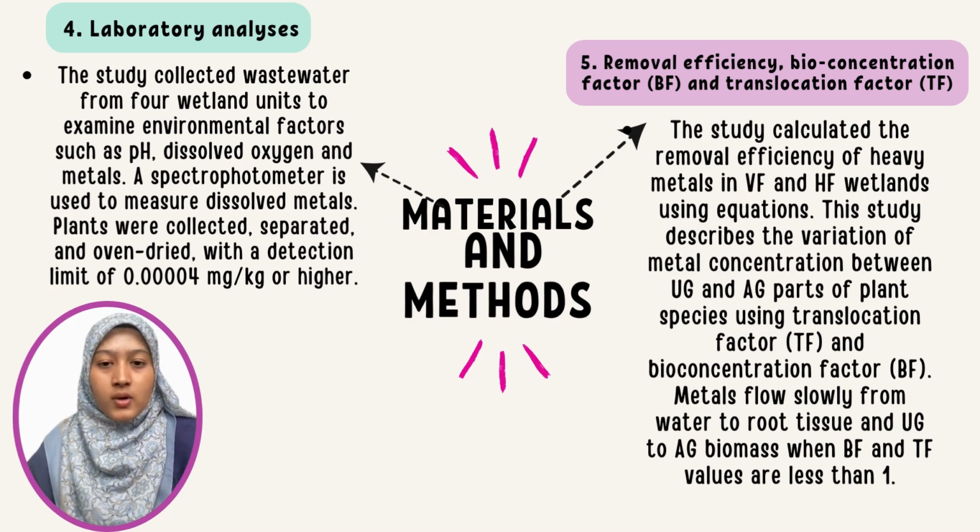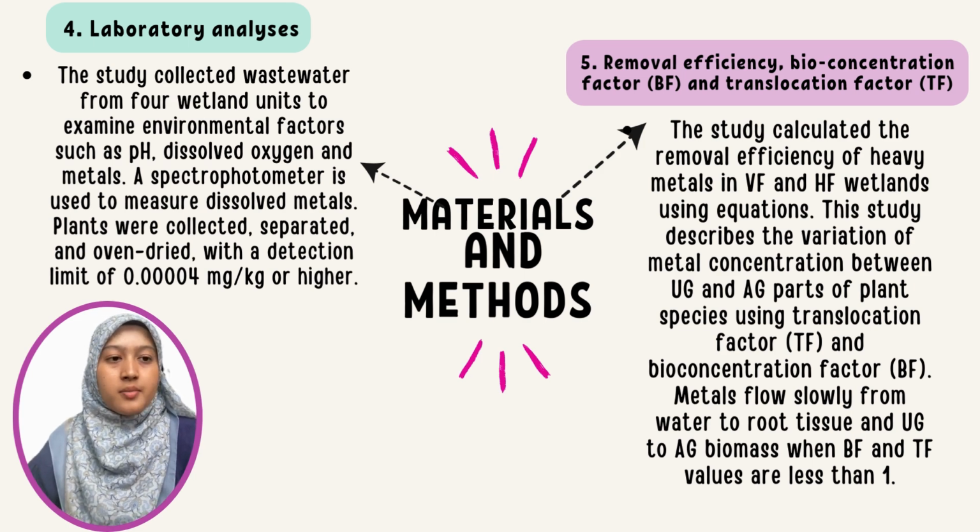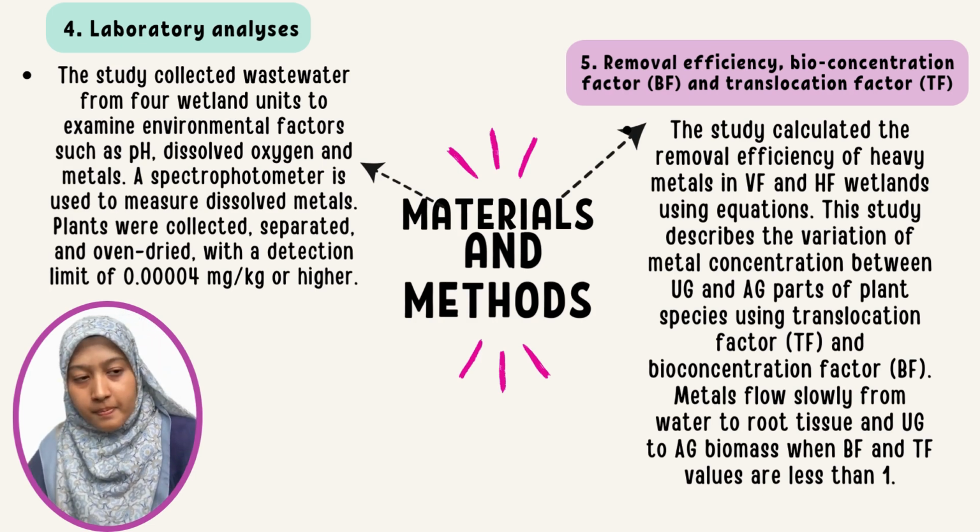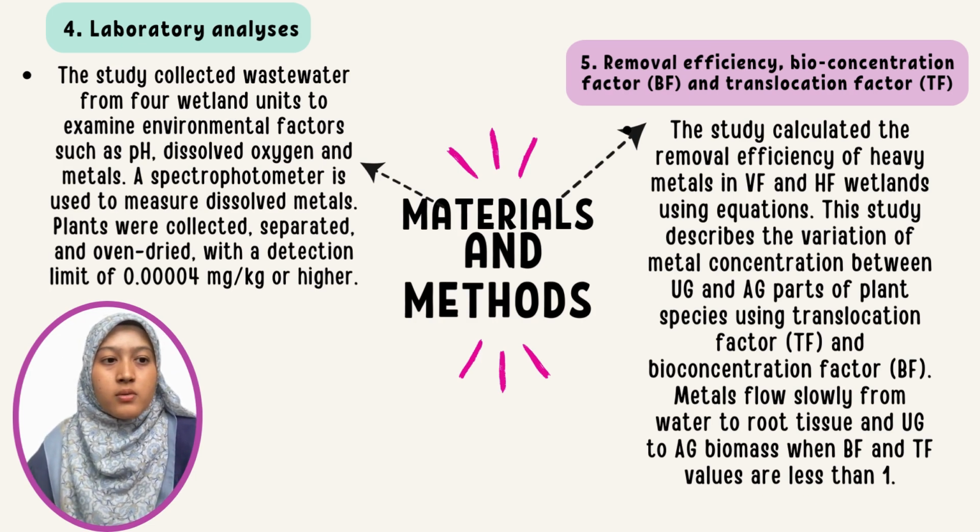This study described the variation of metal concentration between the underground (UG) and aboveground (AG) parts of plant species using the translocation factor and bioaccumulation factor. Metals flow slowly from water to root tissue and from UG to AG biomass when BF and TF values are less than 1.